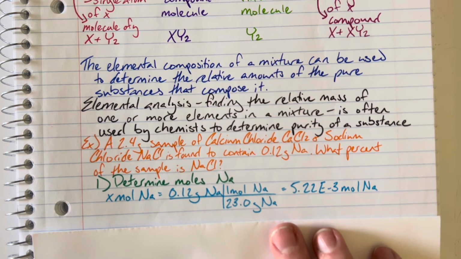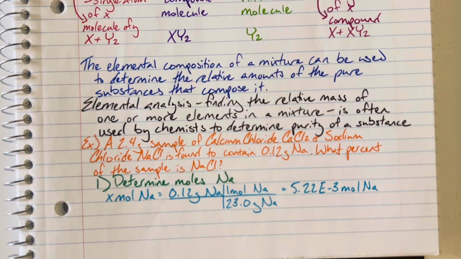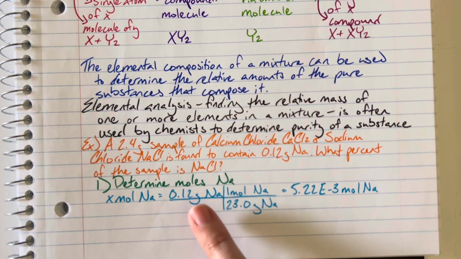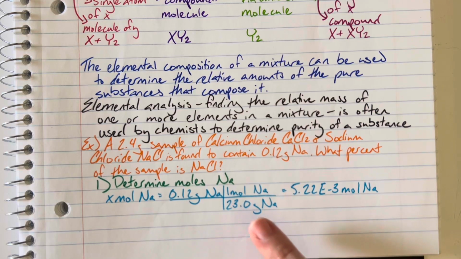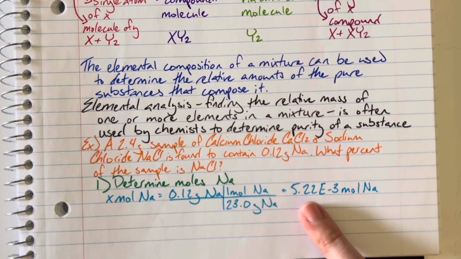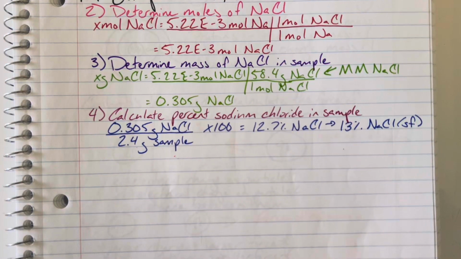So I'm going to set up my stoichiometry here, and I'm going to use my mass of sodium, which was 0.12 grams, and then the molar mass of sodium, which was 23.0 grams per mole, and I see that I have a grand total of 5.22 E-3 moles of sodium within my sample.